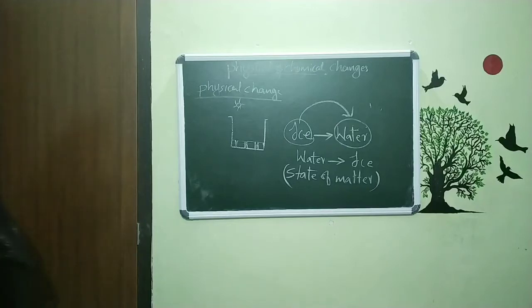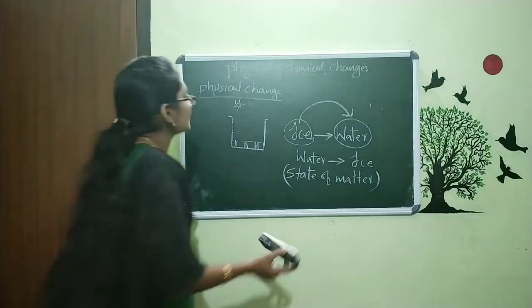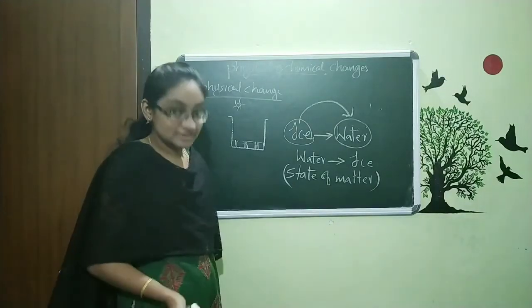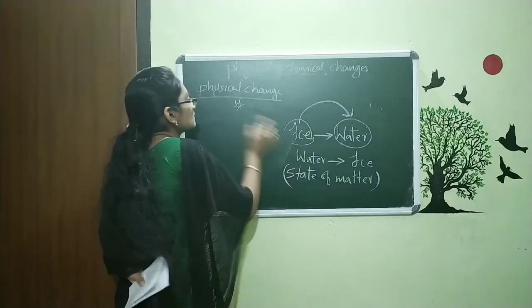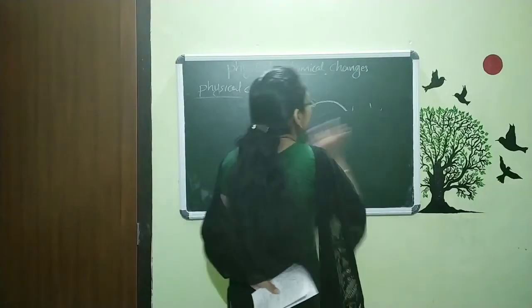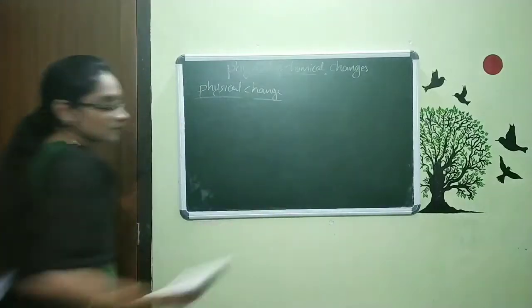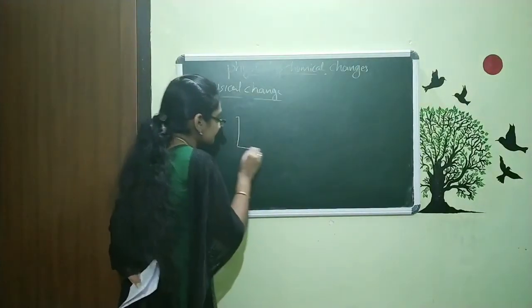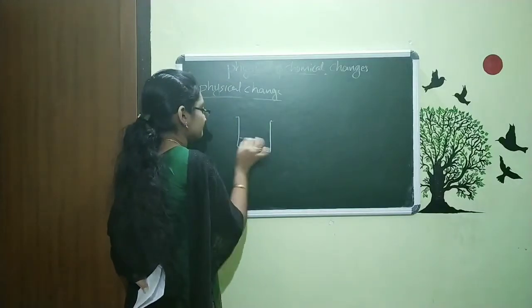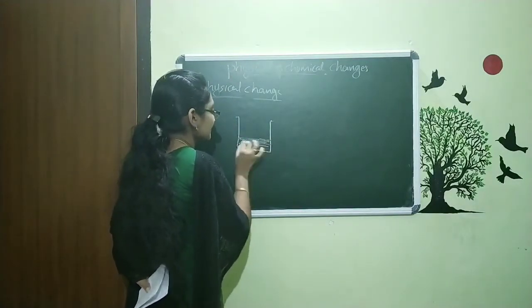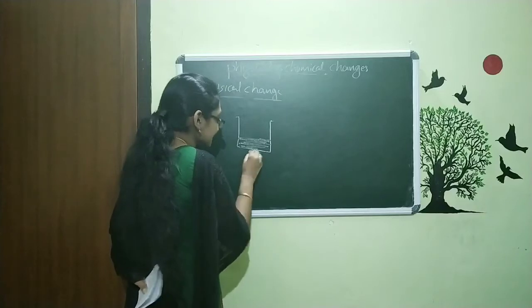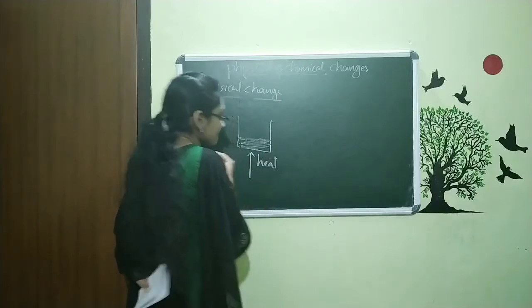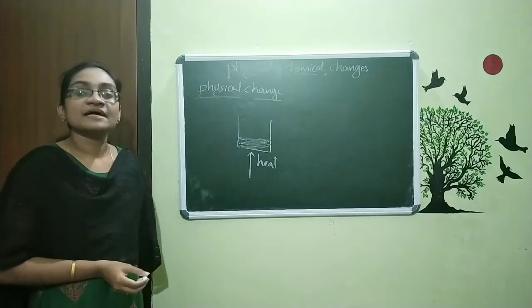In the same area, we have another activity with regard to the state of matter, with respect to the water itself. Here, within the beaker, we are just taking some water. We are collecting some water and heating this. When we heat this, what happens?